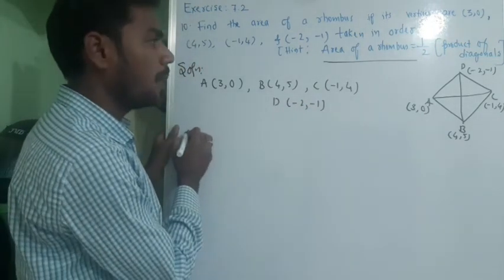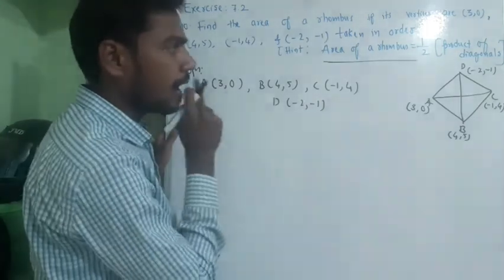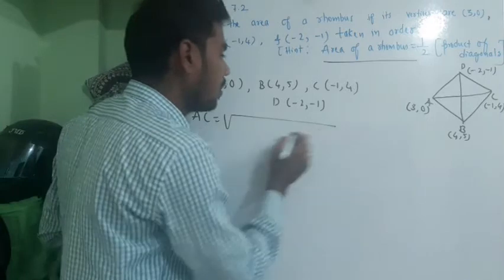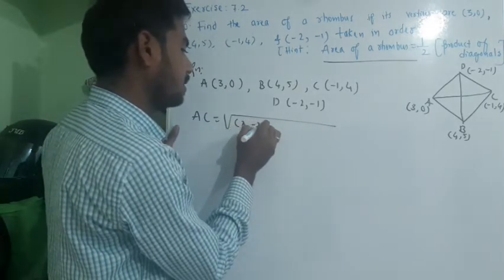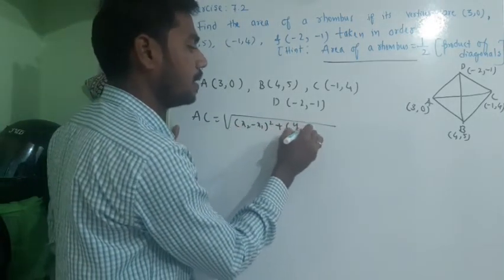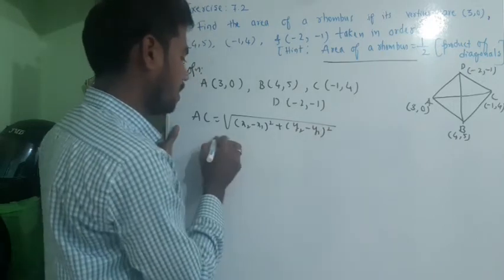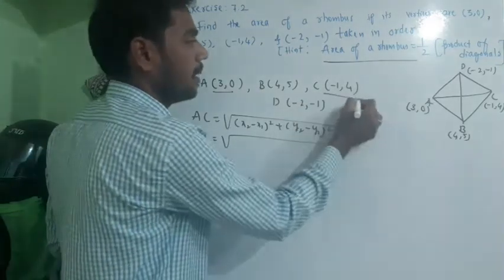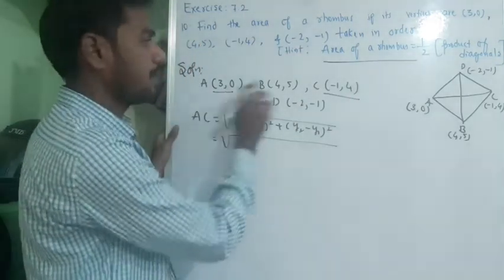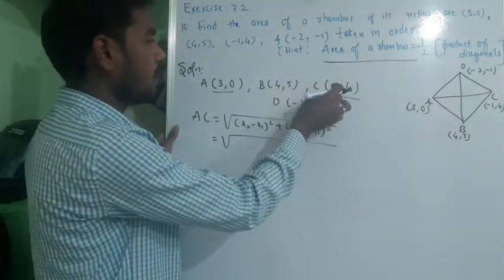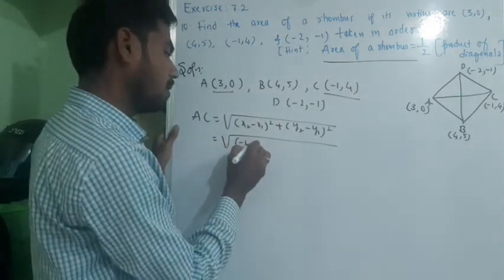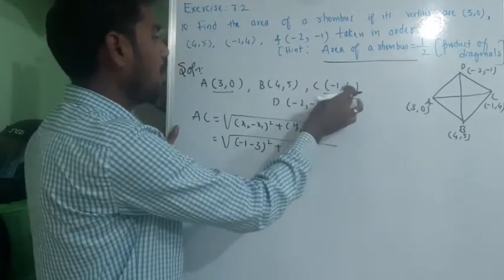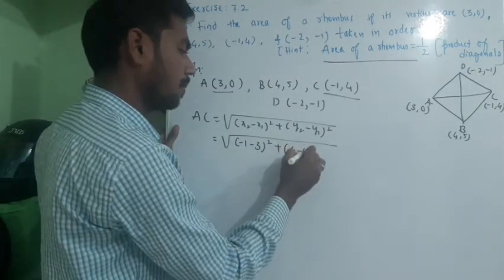Now there are two diagonals AC and BD. AC is equal to square root of x2 minus x1 whole square plus y2 minus y1 whole square. In case of AC, minus 1 minus 3 whole square plus 4 minus 0 whole square.